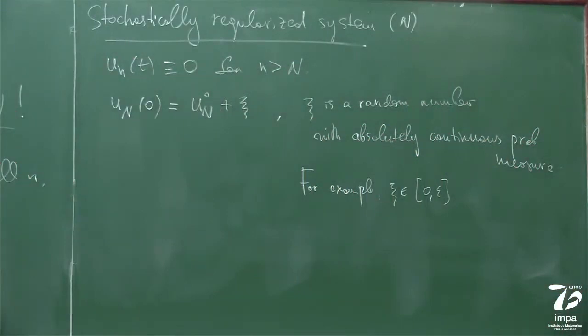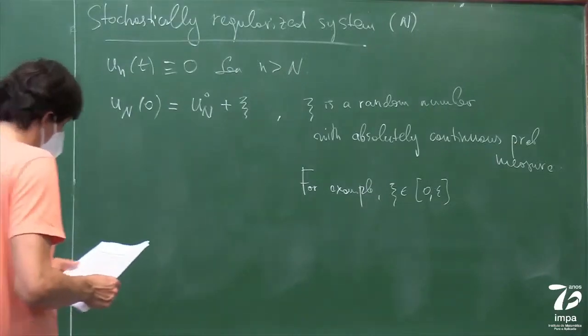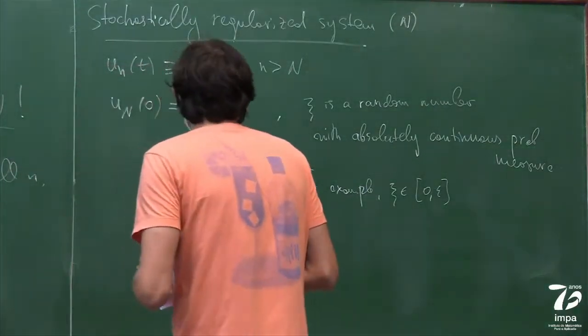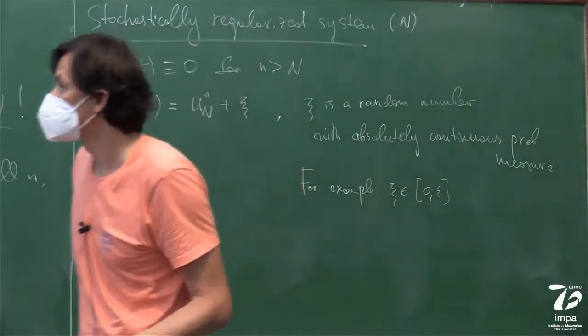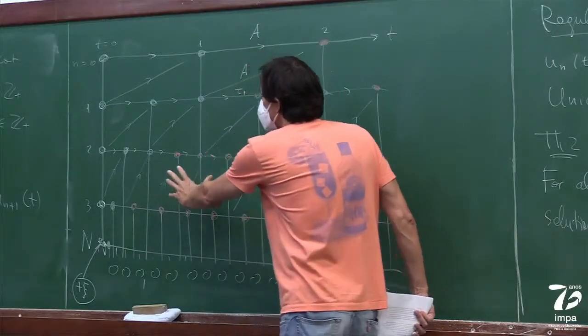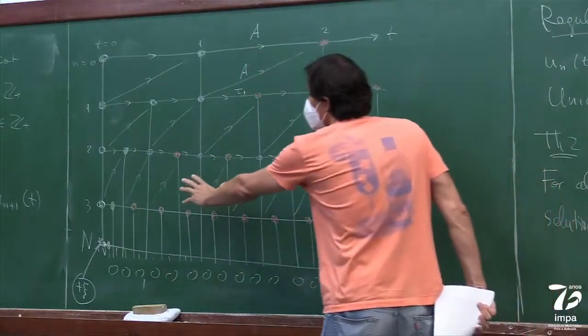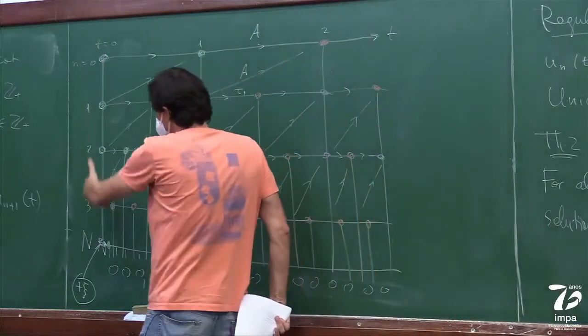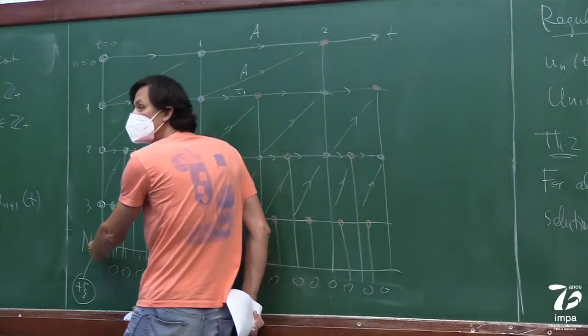So what's now? So now the initial condition is random. So now what we have is a deterministically evolving system with a random initial condition, because we put a random number here.